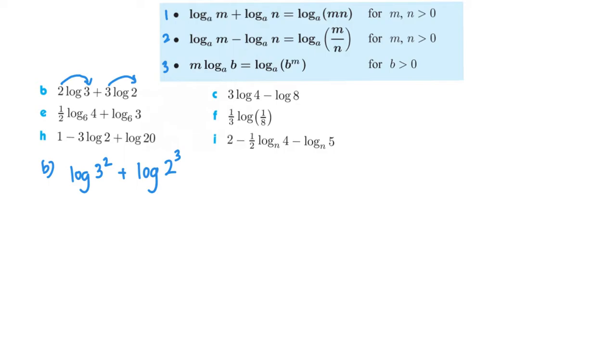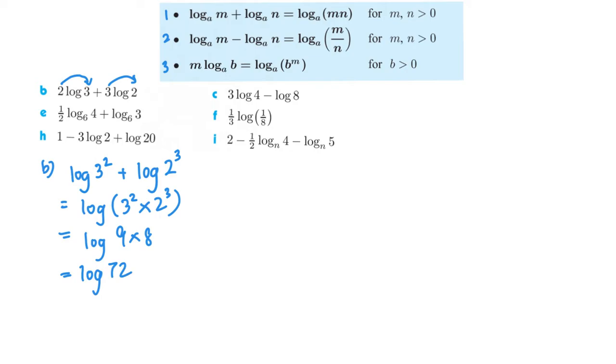And then we have adding, so we apply the first law. That will make just one log, and that will be 3 squared multiplied by 2 to the power 3. So that will be log 9 times 8. That will be log 72.